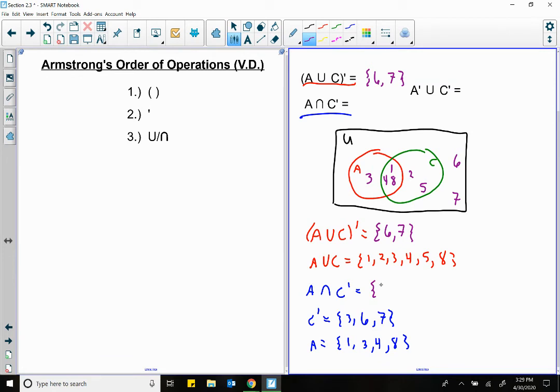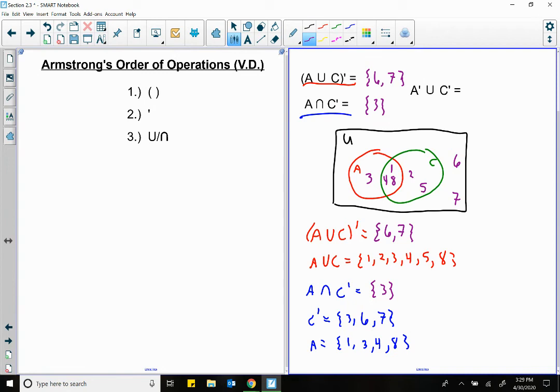They both share 3. So the answer to A intersect C complement is just 3. Okay? Because that's the only thing these two sets share. The 3 and the 3.